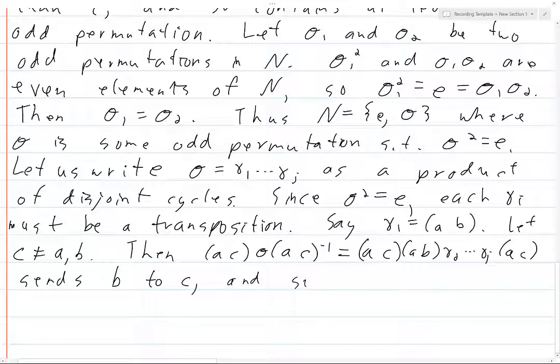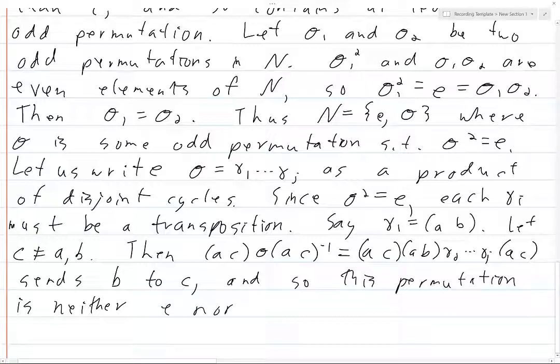And so this permutation, I guess it would have been faster to write out AC sigma AC inverse, could be neither E nor sigma, because it's certainly not E, because it sends B to something that's not B. And it's not sigma because sigma sends B to A rather than to C. And we chose C to not be equal to A.